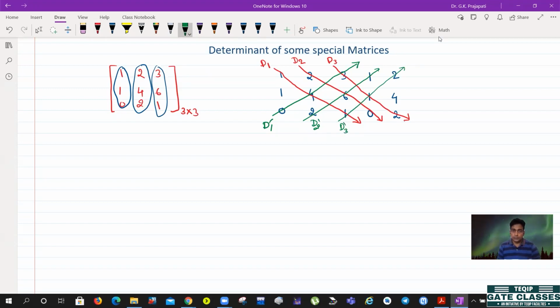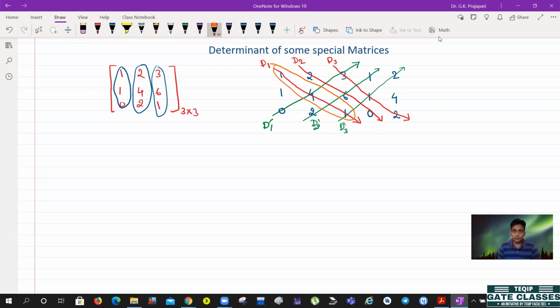Now to find the determinant of this matrix, we multiply all the elements of D1.